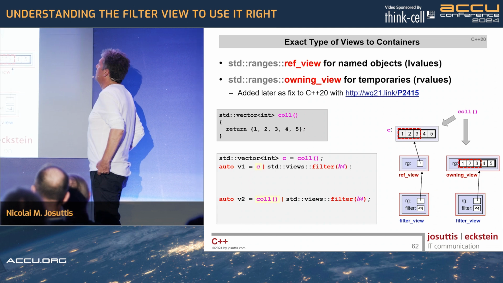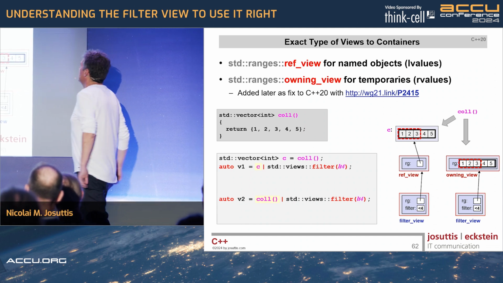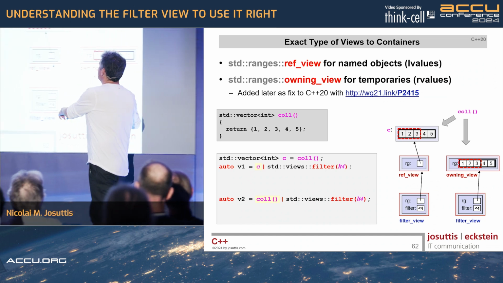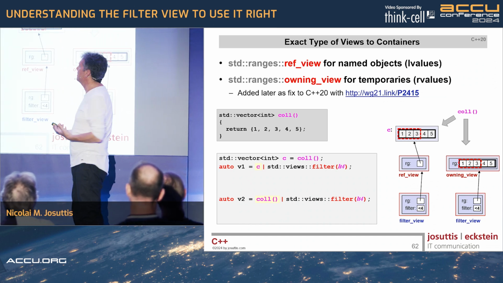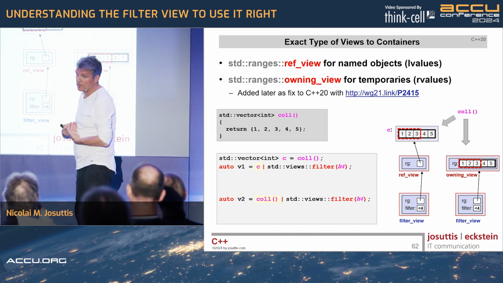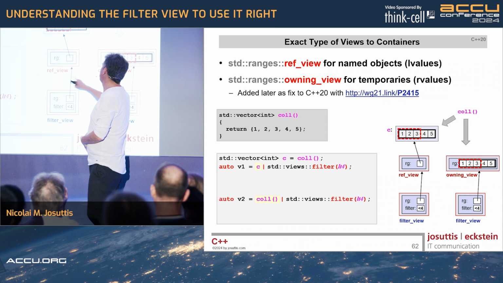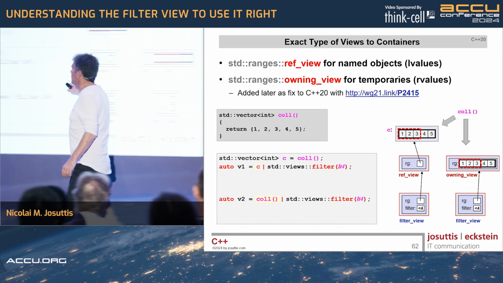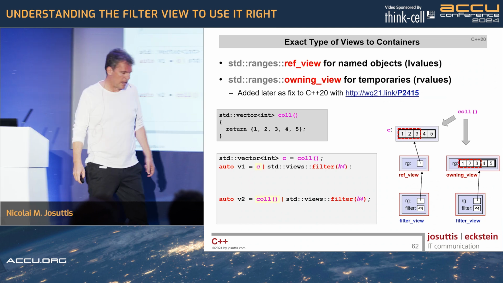We use a so-called owning view helper. So both filter view just delegates the question how to deal with the data it gets when it's coming not as a view but as a range, in the following way that it either uses a ref view or an owning view. The ref view refers to the existing object. When it's an L value, we can go with that.